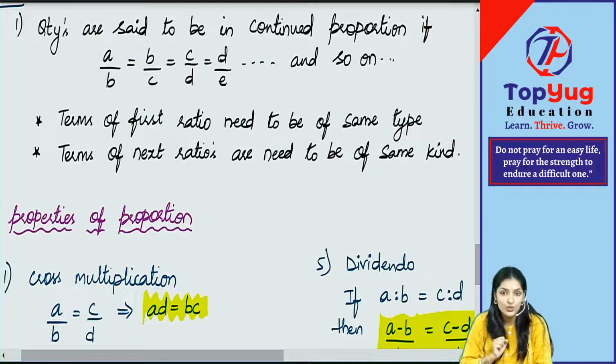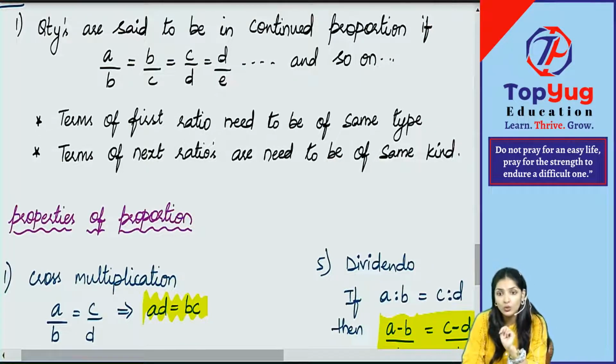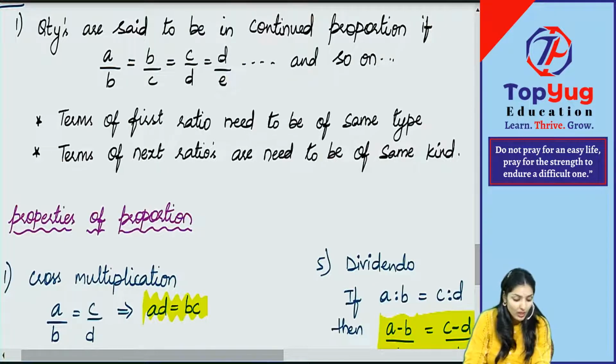We are having 2 ratios. It means we need to have the comparison of similar quantities in each and every ratio. In each ratio we are having 2 terms. The point which I have written: terms of the first ratio need to be of the same type, and terms of the next ratio need to be of the same kind.